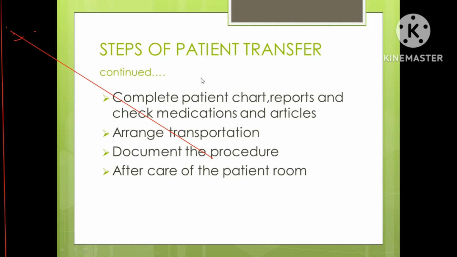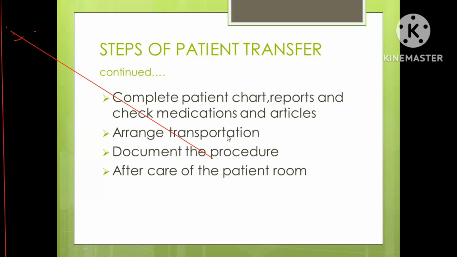Okay. So these are the patient chart. We have to complete it, and we have to check for the medications and the articles, the patient's things. Medications, we have to give on time. So before transferring the patient, we have to complete the patient chart, reports, and we have to check the medications and the articles.